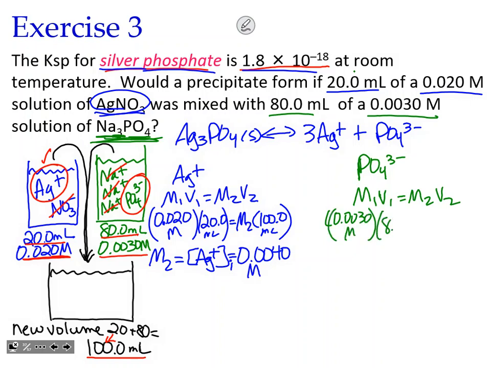And this is times the 80. That equals M2 times 100. So M2 now, on this side, is going to be the concentration of our phosphate. And what is that going to be initially? Look at your I. Yes, exactly right.